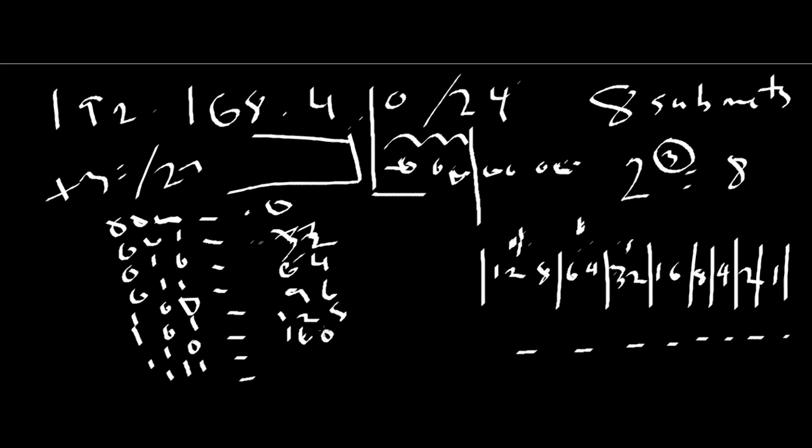And from there, we go to 192, right? 128 plus 64 gives us 192. And then finally, when you turn 128, 64, and 32 on, essentially adding all of them, you get 224. Right?